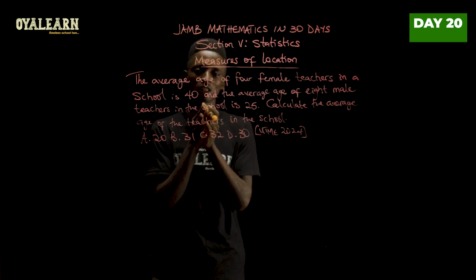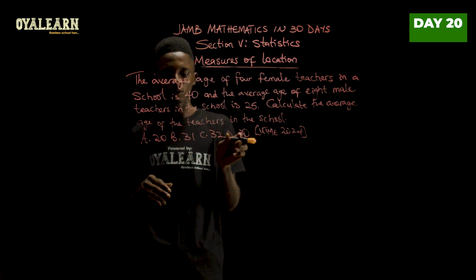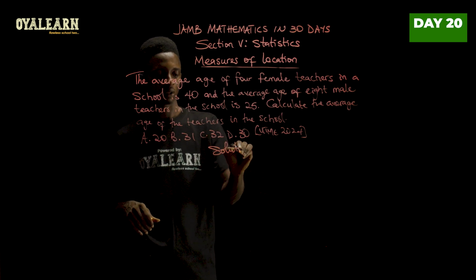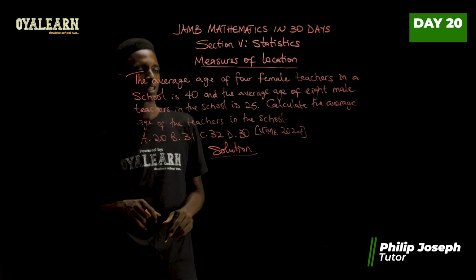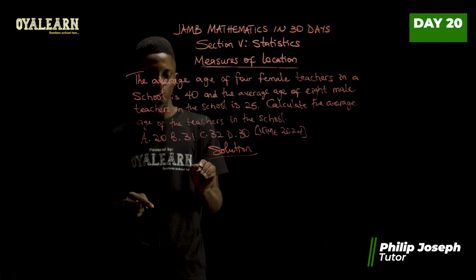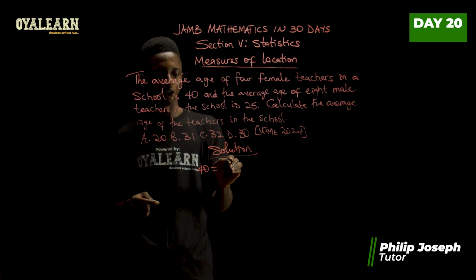So when we find the average age of those 12 teachers, which of these will it be? So solution. Let's start with the female teachers. We have 4 female teachers, and their average age, which is 40, should be the sum of their ages divided by 4.